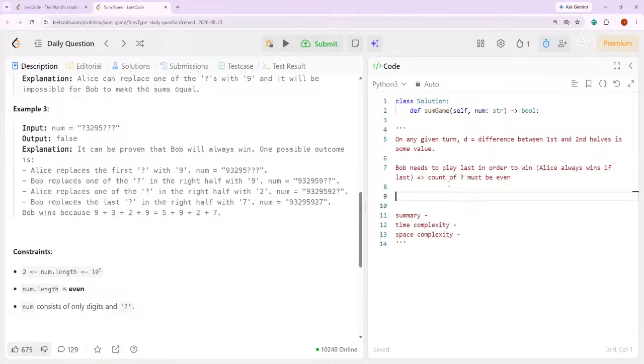Let's say there are only question marks in the second half, and the difference is 27 here. Well, I guess it needs to be an even number of question marks in order for this to be relevant.